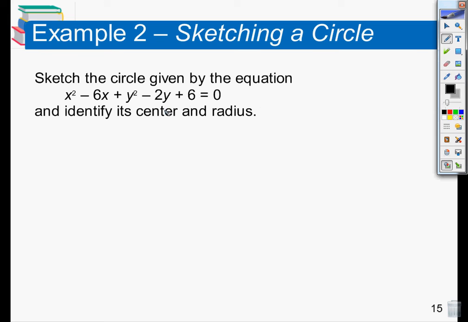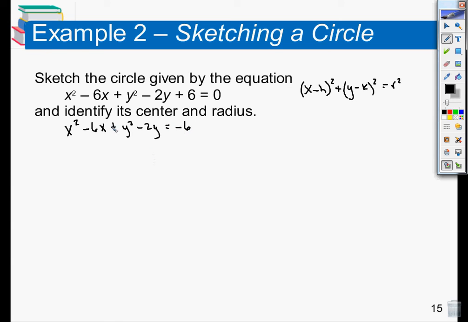And that form again, (x - h)² + (y - k)² = r². All right. So x² - 6x + y² - 2y. I'm just rewriting, and actually I'm going to move the 6 over to the other side just to get us started.